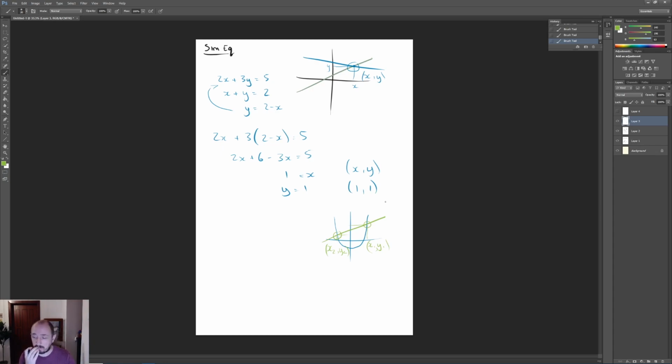So if we have an equation, let's just do x plus y equals 7, and x squared plus 2y squared equals 33. Okay, so what we have here is a linear equation, x plus y equals 7, and a quadratic here with the squares in.